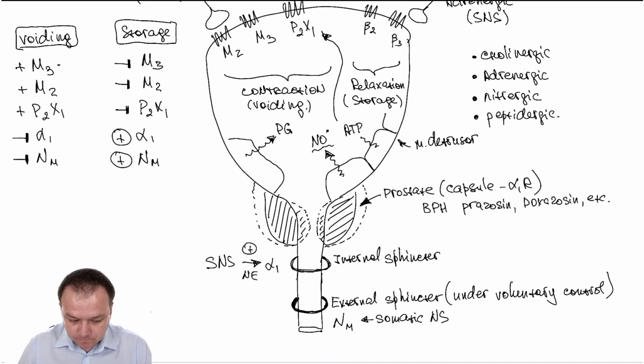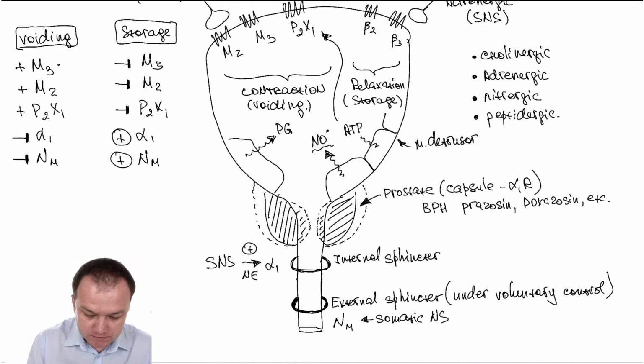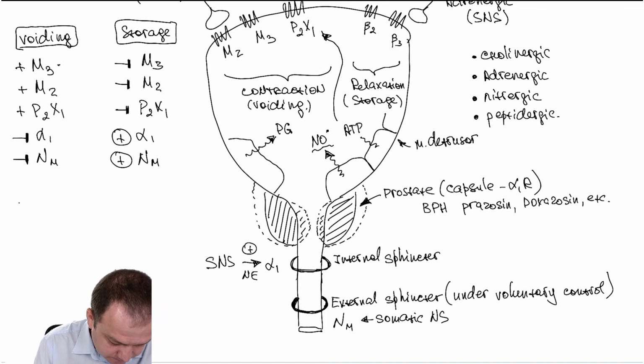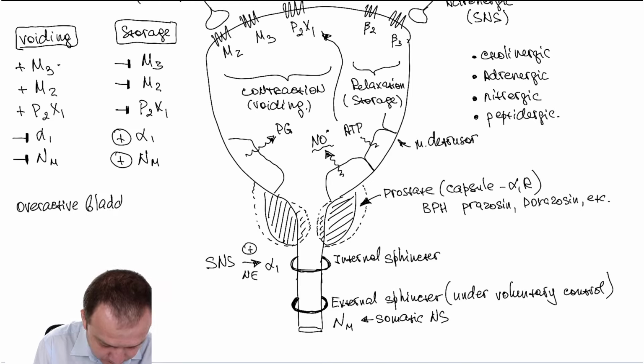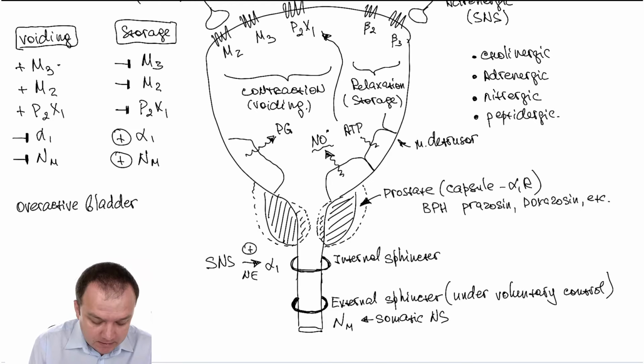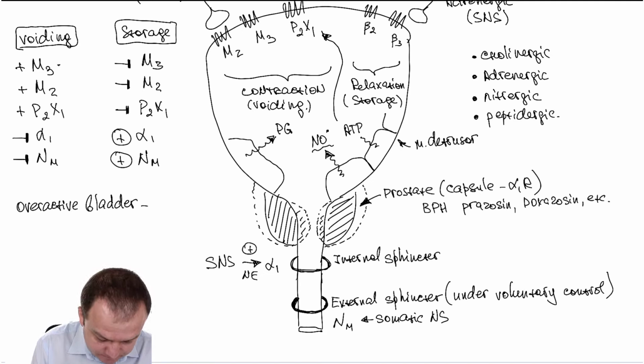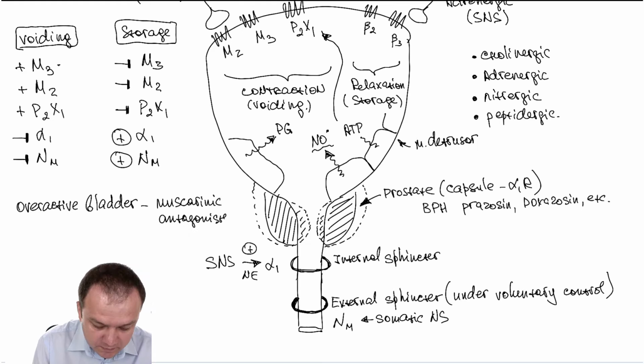Also, let's say a few words about overactive bladder, let's say in case of cystitis. In case of overactive bladder, we use muscarinic antagonists. Why muscarinic antagonists?